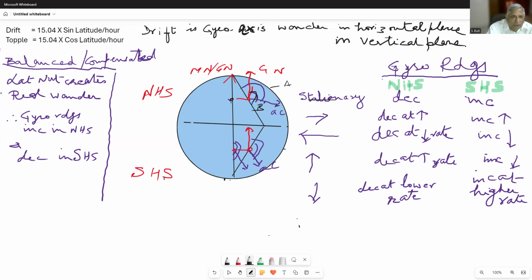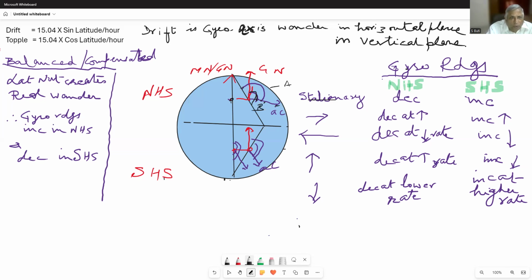In other words, we will see that the gyro readings has decreased. This is, I repeat, this is the reading from the magnetic north, whereas this is the reading from gyro north. So magnetic compass reading, that is A, will be more and gyro reading B will be less.